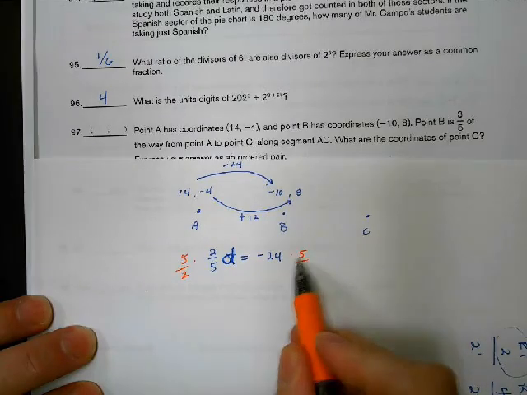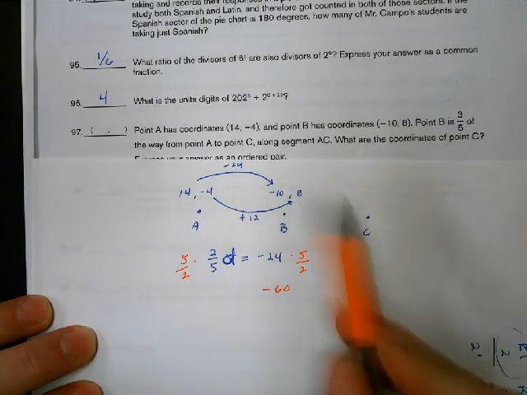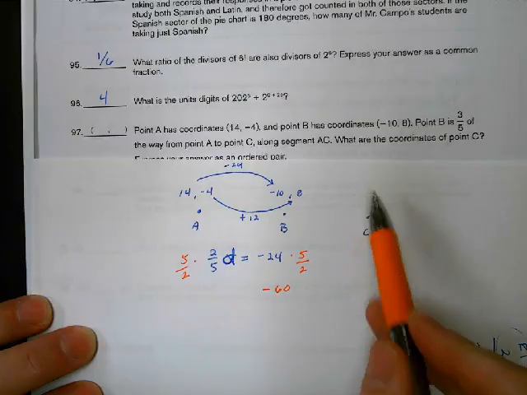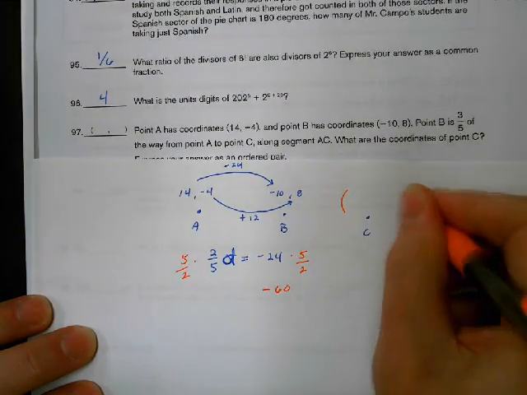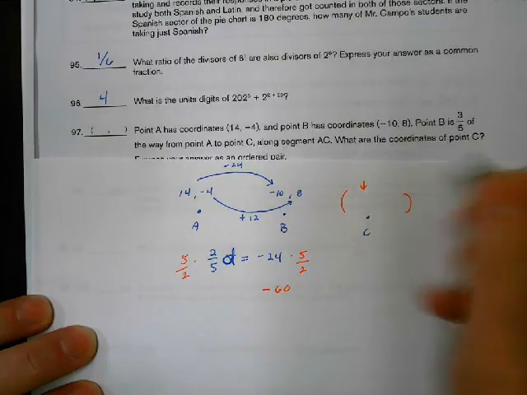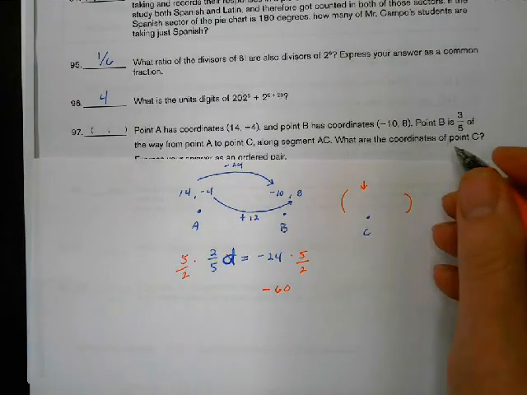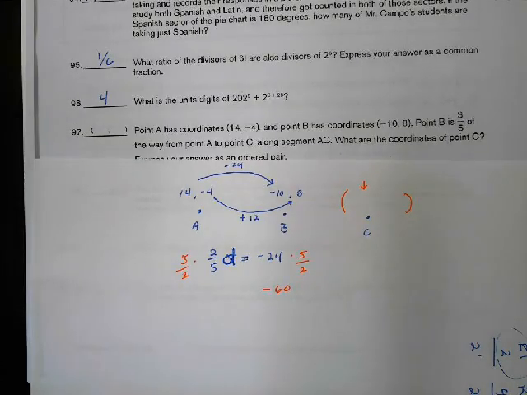So if I start at 14 and I go a -60 distance, my x coordinate should end up being, oh wait, that's 2/5, 12, 14. Oh, it's 3/5, not 2/5. Dang it. I knew I was doing something wrong. 3/5.